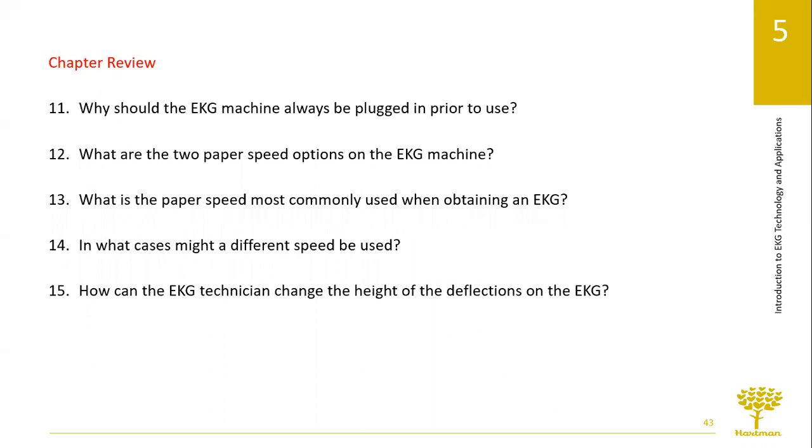So if you boost the speed up to 50 millimeters per second, it basically slows down what's recorded for the rhythm, and then you can see whether it's irregular, or maybe it slows down enough where you can see P waves. But I'm just telling you, in the real world, that rarely ever happens. Most people don't mess with the speed of it.